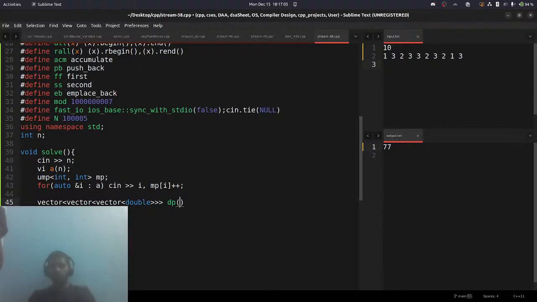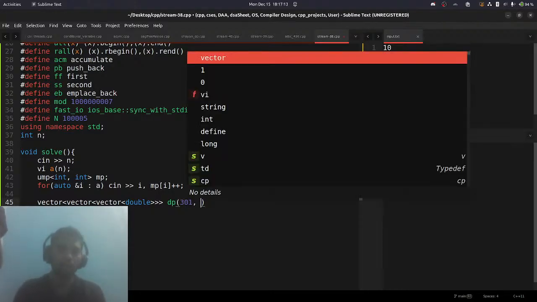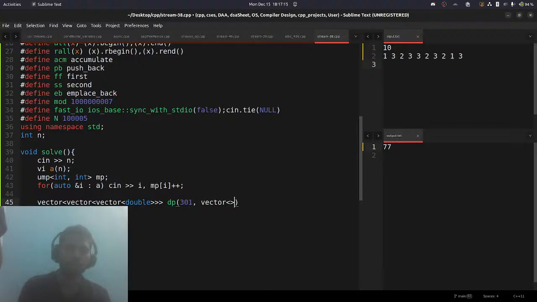The size can vary, but we are going to give it 301 because at max we can have the array with the same elements in all the positions.